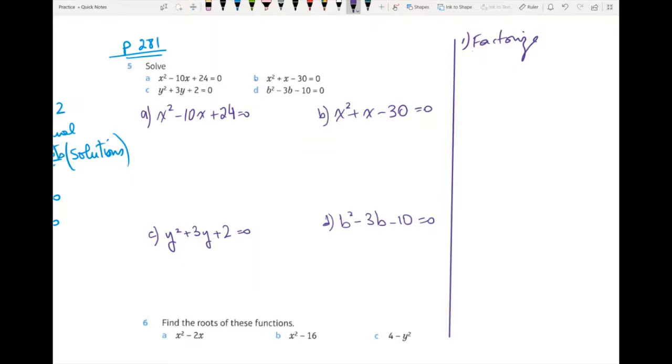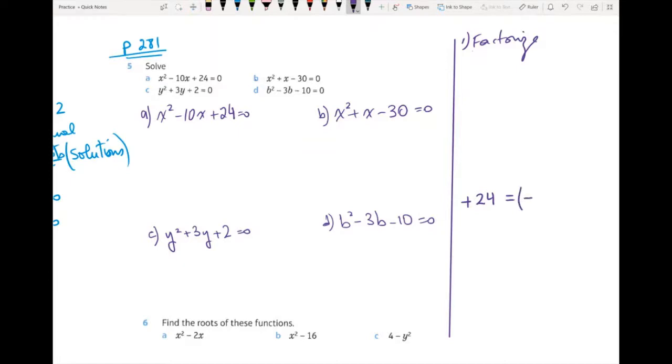So we need another method which we call the sum and product method. And we start with plus 24. Let us write all the possible factors that when you multiply them, they give you plus 24.